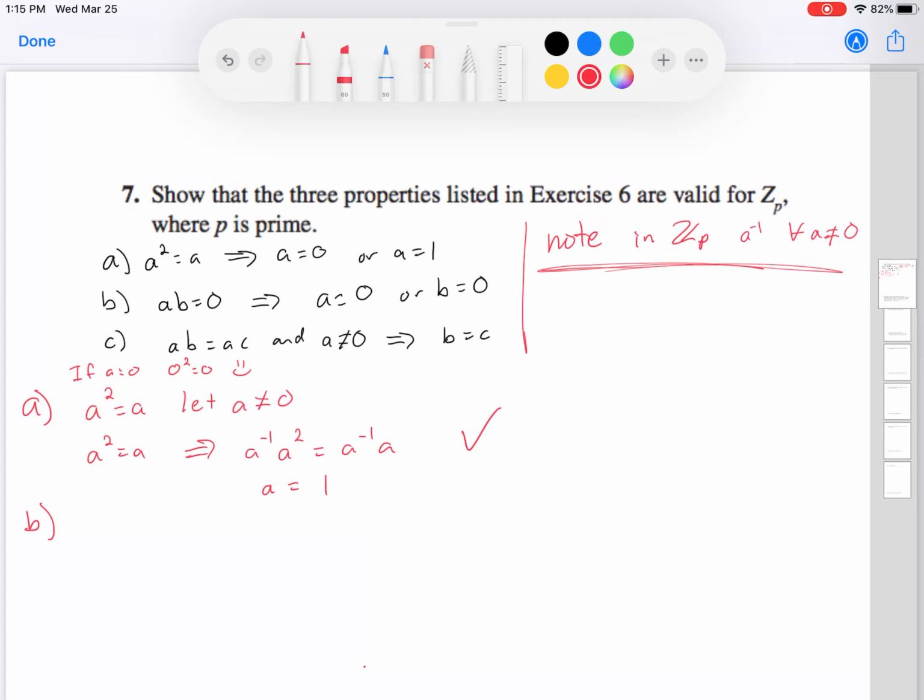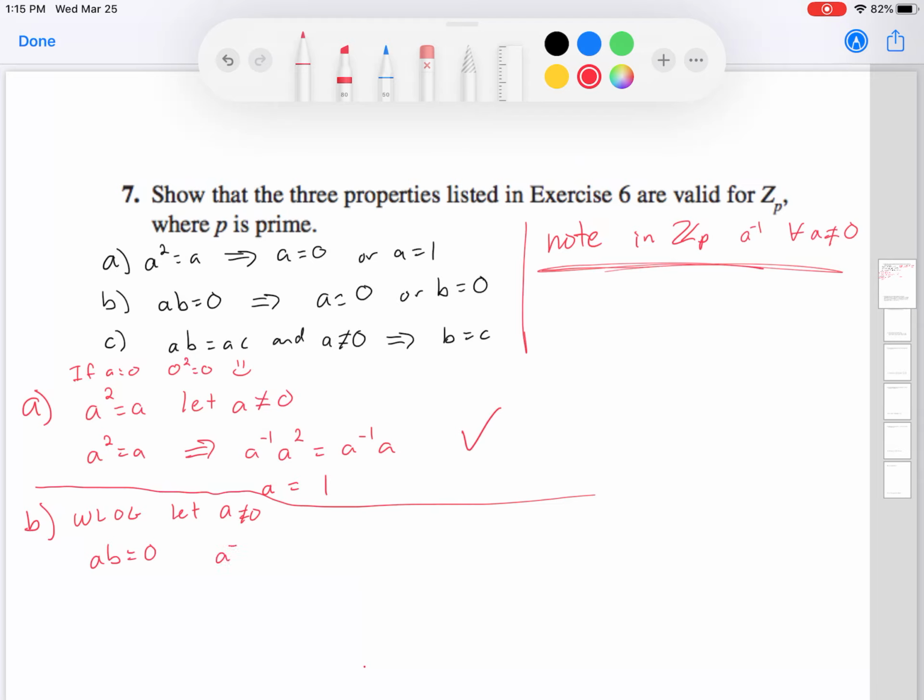Alrighty, B. Without loss of generality, let a be not equal to 0. So, ab equals 0.